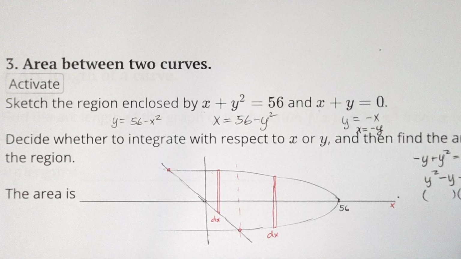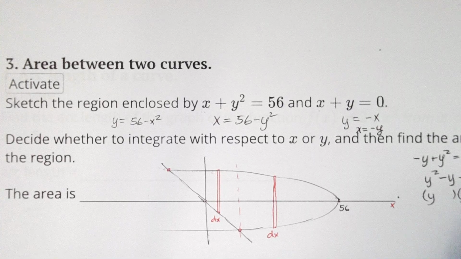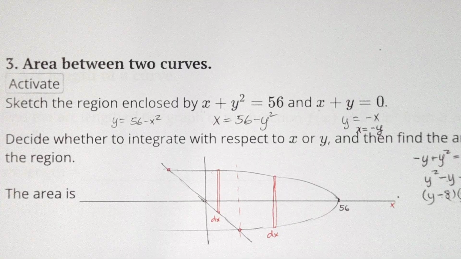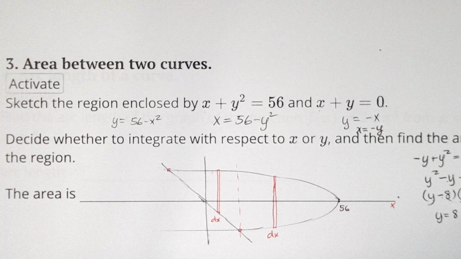Factoring this, I get 8 and 7. If I make the 8 negative and the 7 positive, I get negative 56, and negative 8y plus 7y is negative y. So that's how it factors. So y is equal to 8, or y is equal to negative 7.